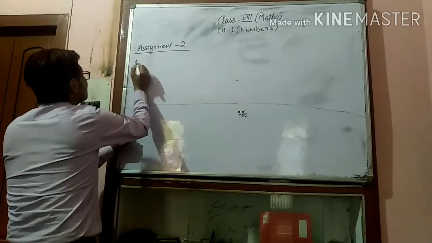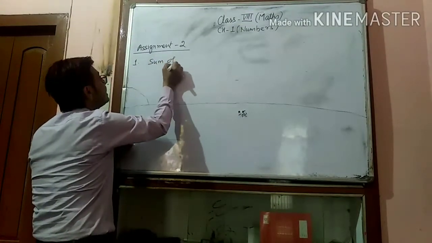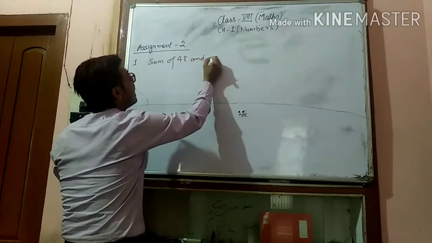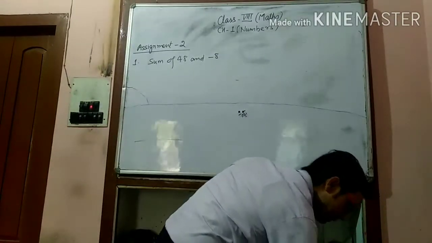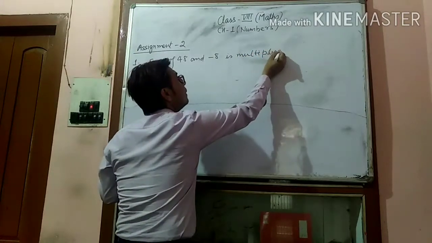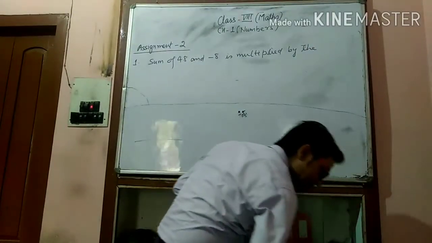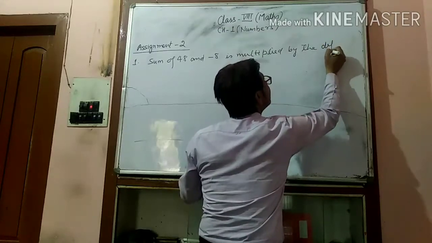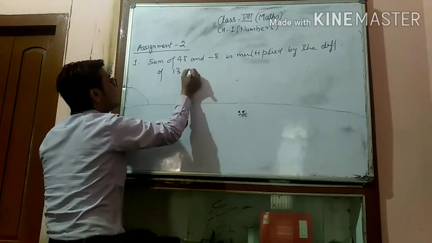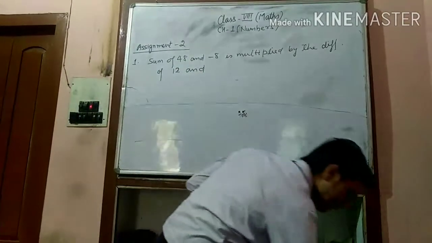Question number first is: the sum of 48 and minus 8 is multiplied by the difference of 12 and 3.